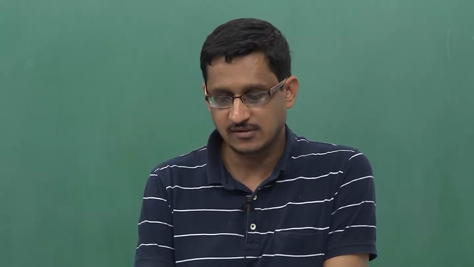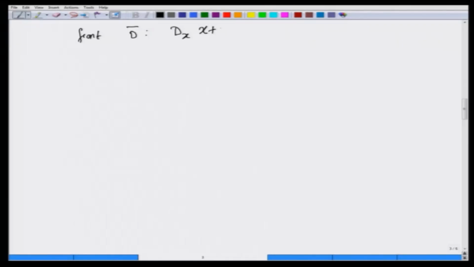So, on that x component on the front surface, which is given by x equal to x plus delta x by 2, will have a value Dx of x plus delta x by 2 and this is going to be constant. Okay. For the back surface, what will be the value of D? D will be whatever the value of the x component of D that is there, that is the only component that is of interest to us, but this time x will be x minus delta x by 2. What about y and z?